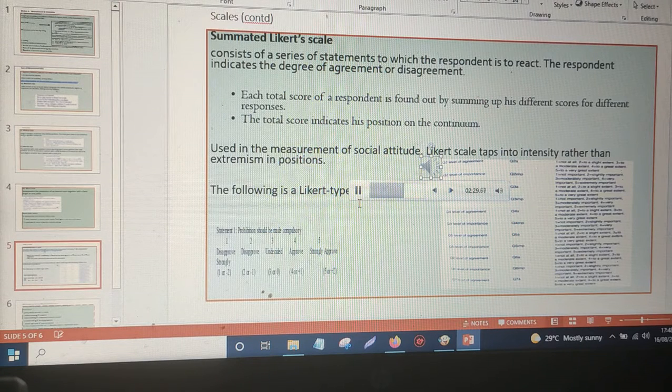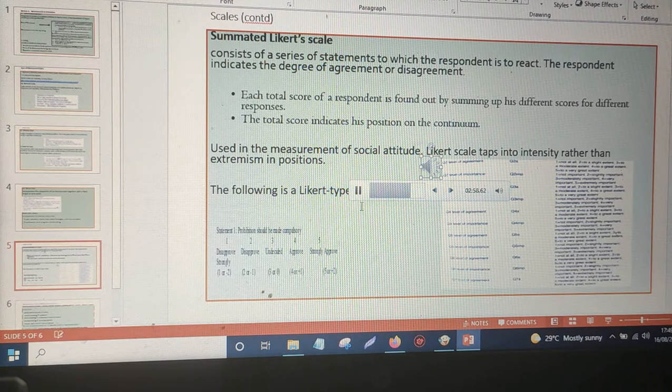So it is used in the measurement of social attitude. I mentioned that already. The Likert scale taps into intensity rather than extremism in position. So it sort of measures intensity: disapprove, strongly disapprove. So there's an intensity there. Disapprove strongly is more intense than disapprove.